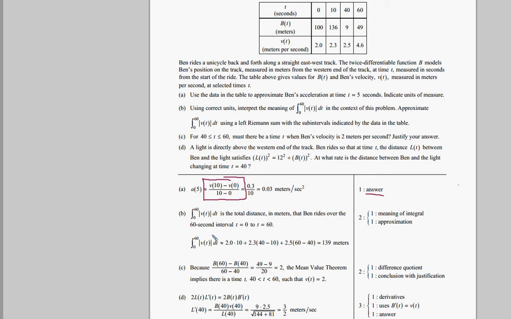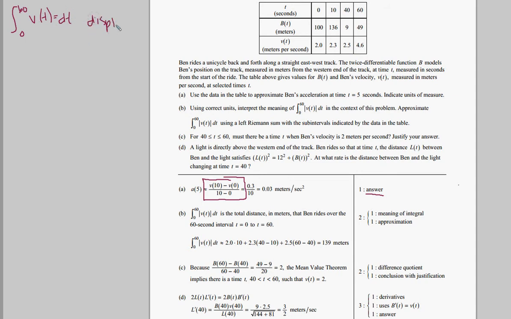Part B says, using correct units, interpret the meaning of the integral from 0 to 60 of the absolute value of v of t dt in the context of this problem. I really want to make sure that we are clear on that absolute value idea. Remember that the integral from 0 to 60 of v of t is simply your displacement.